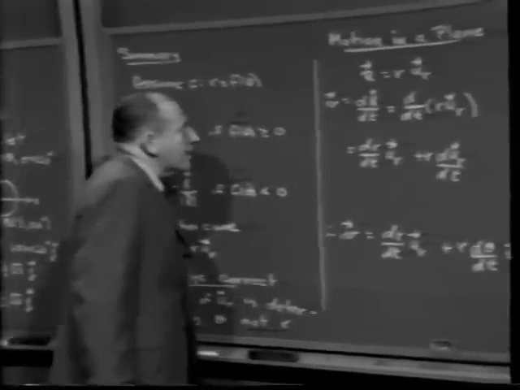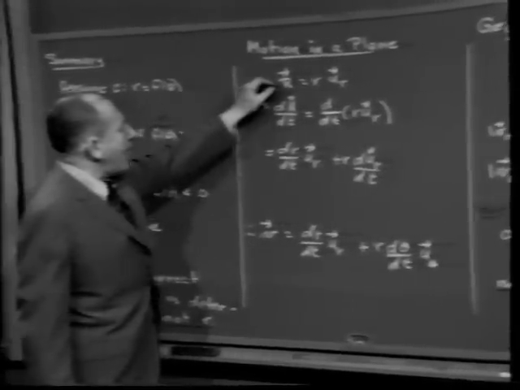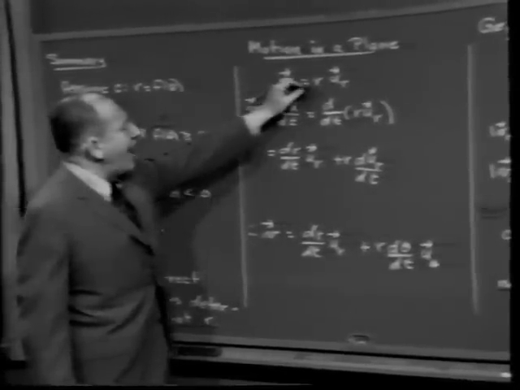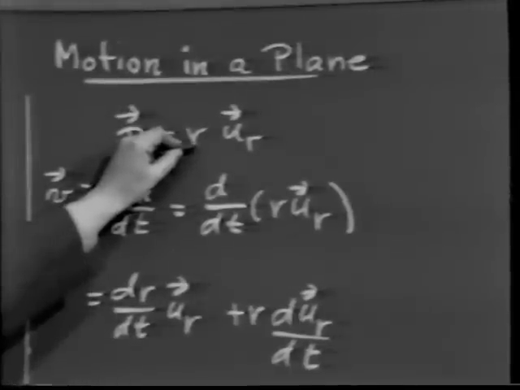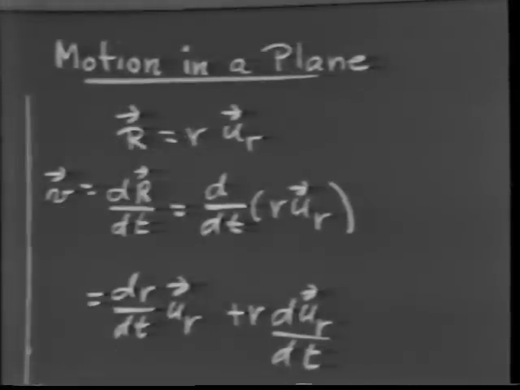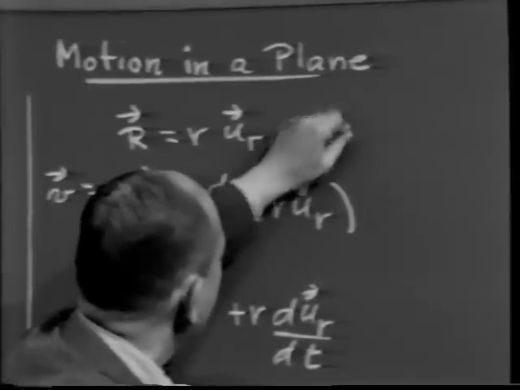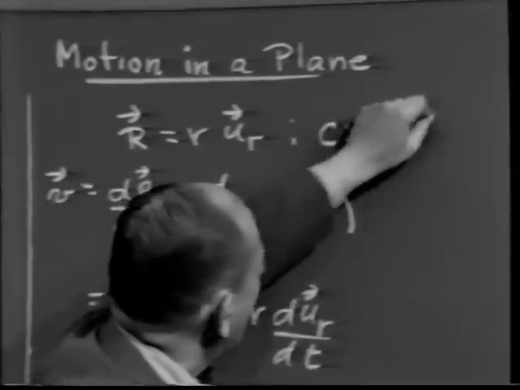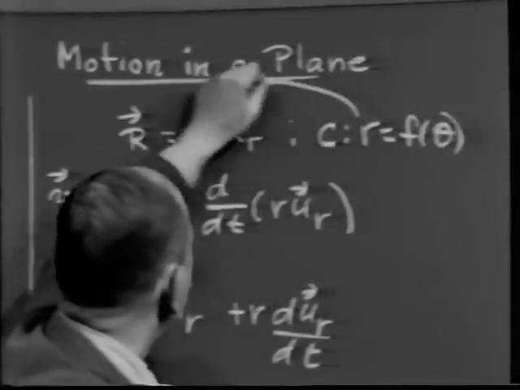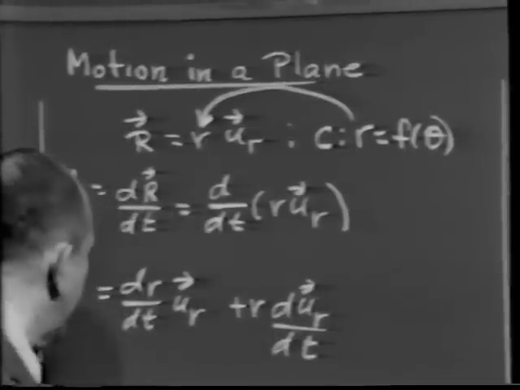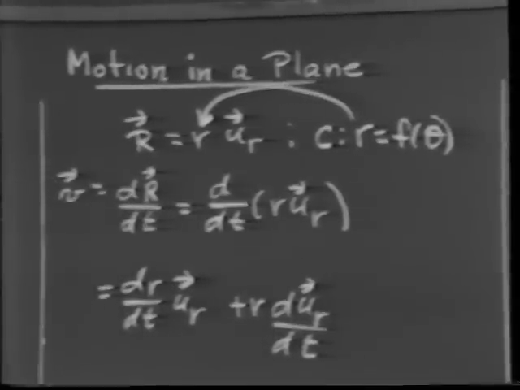At any rate, once we have this particular recipe established, we can now go ahead and study motion in the plane. Namely, notice that our radius vector r is now given by the polar coordinate r times u sub r, where I guess I should say here that I'm assuming that the equation of motion is given by r as some function of theta. That's the r that I'm using in here. At any rate, what is the velocity vector?